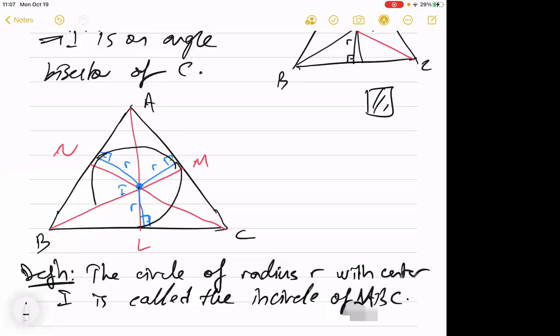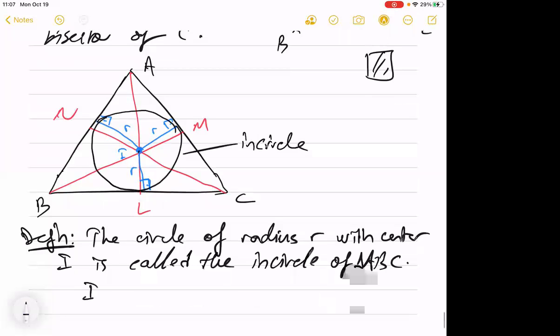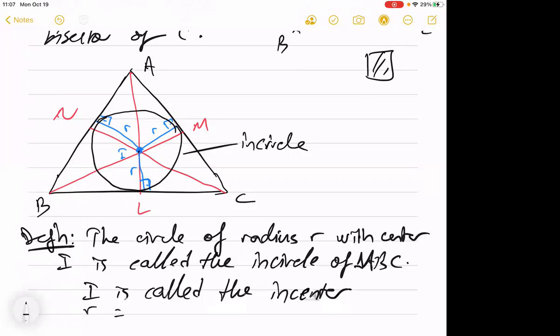I could not draw it very well, but something like that. This is the incircle, and I is called the incenter, and R is called the inradius.